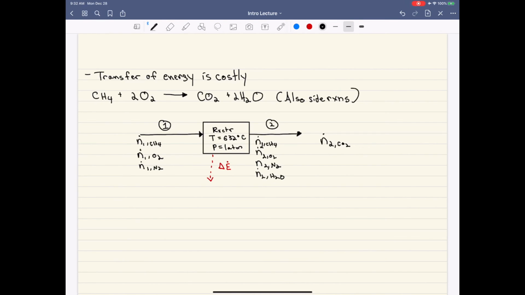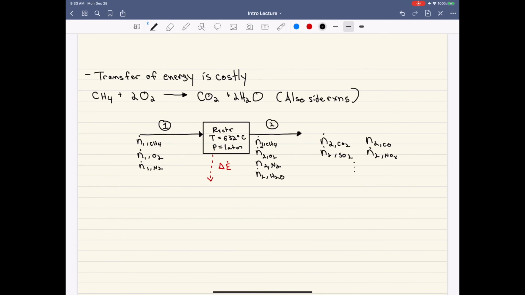Right? And so with these side reactions, they're not producing CO2, but they're going to produce things like carbon monoxide or sulfur dioxide or even nitroxides as well, with some variable amount of oxygens.